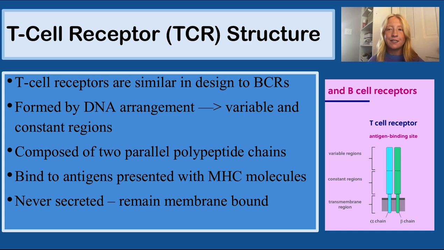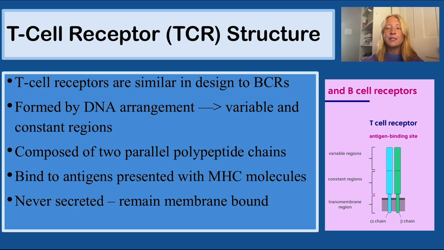Then we have the T cell receptor structure, or TCR. This is related to the B cell receptor, but it functions differently. B cell receptors and T cell receptors are made through DNA rearrangement, and they both have variable and constant regions. Structurally, they consist of two parallel polypeptide chains, and their job is to recognize processed antigens that are displayed by the MHC molecules on the surfaces of the APCs.